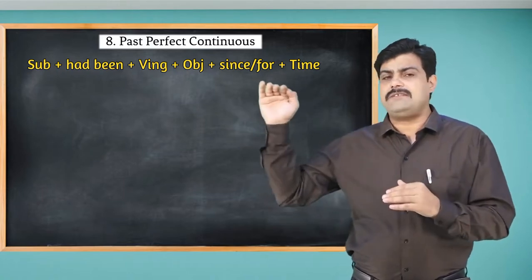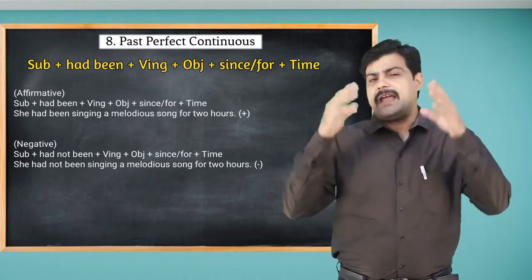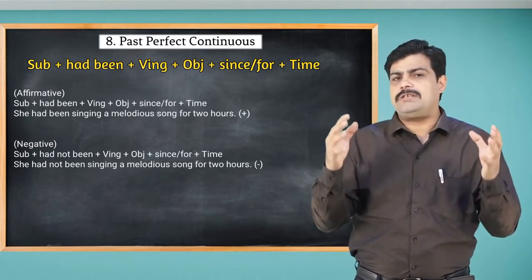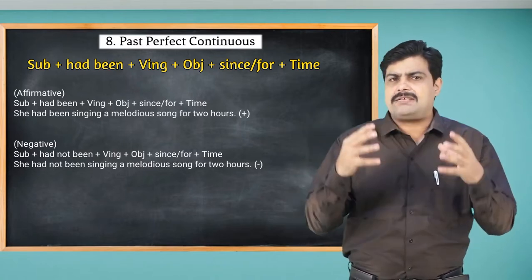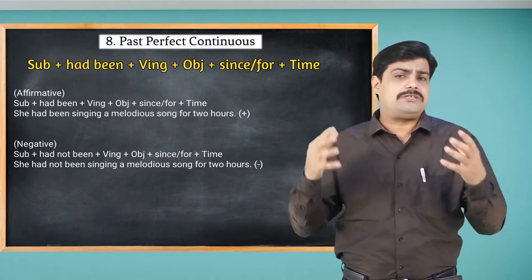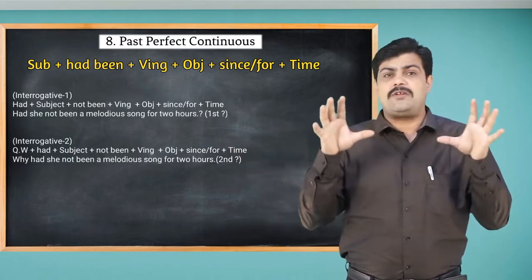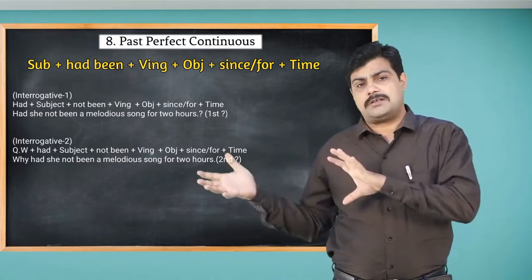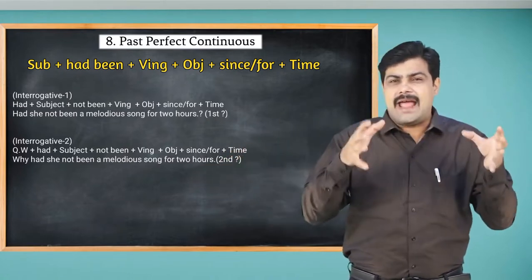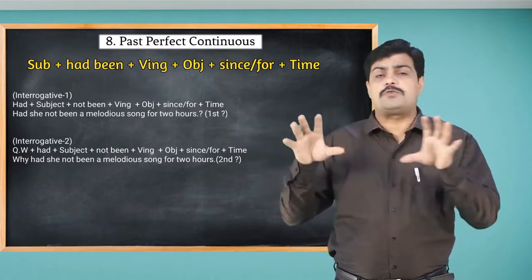This is affirmative structure. Let's see the sentence on this. She had been singing a melodious song for 2 hours. She had not been singing a melodious song for 2 hours. Had she not been singing a melodious song for 2 hours? Why had she not been singing a melodious song for 2 hours?